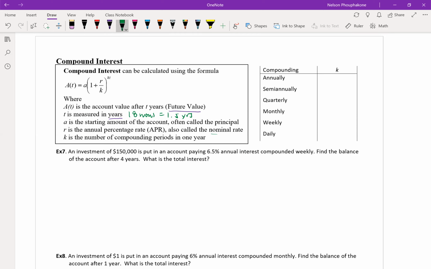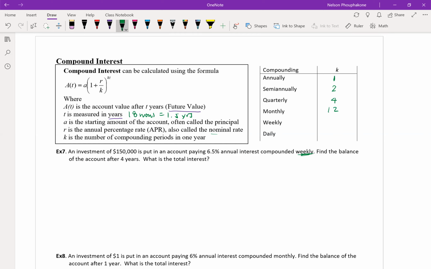Now you see that in this one, interest compounded weekly, right? So this tells you what k is. If I have compounded annually, meaning I calculate the interest once per year, so k is equal to 1. Semi-annually, meaning I calculate the interest twice per year, so k is 2. Of course, quarterly will be 4, monthly 12.